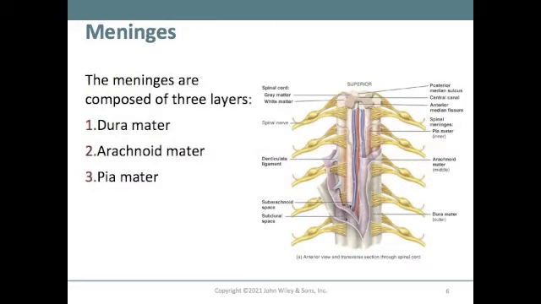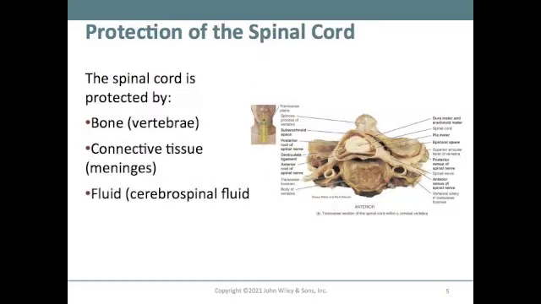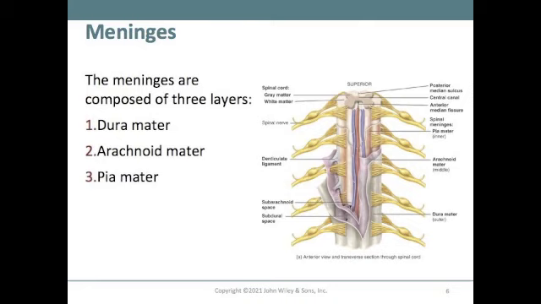But these meninges are composed of 3 layers, and I already mentioned those on the previous slide. So let's go back. Remember, I was pointing out the dura mater and the arachnoid mater and the pia mater. Those are the names of the connective tissue that surround the spinal cord. Now here you see a cartoon of it.